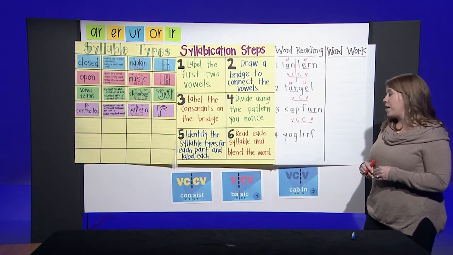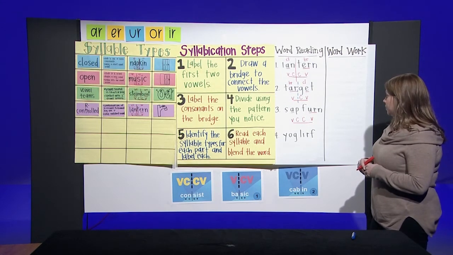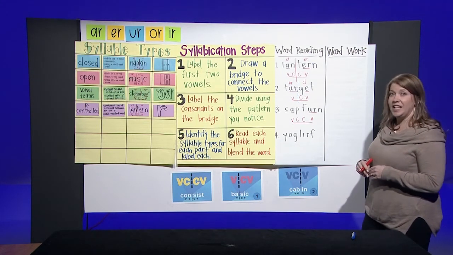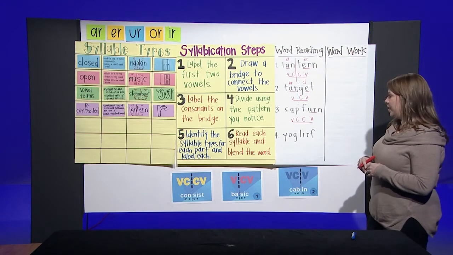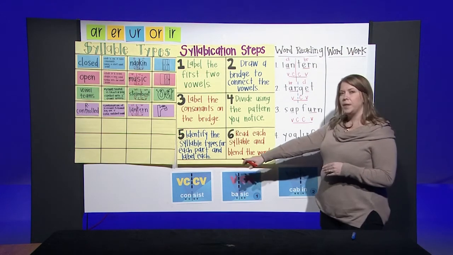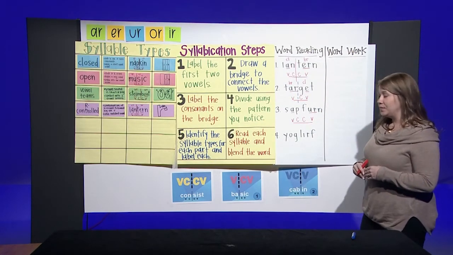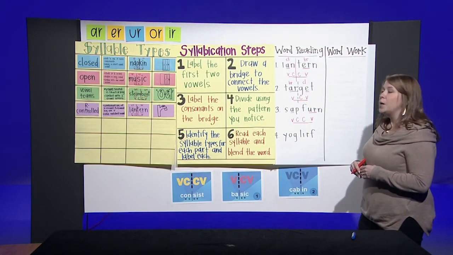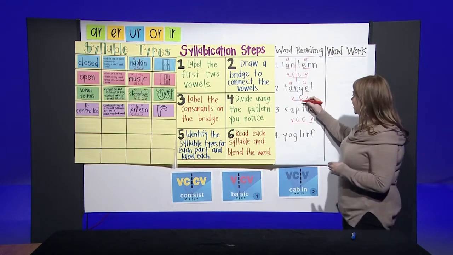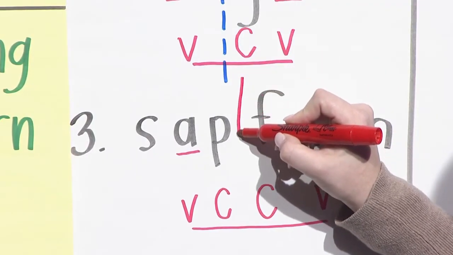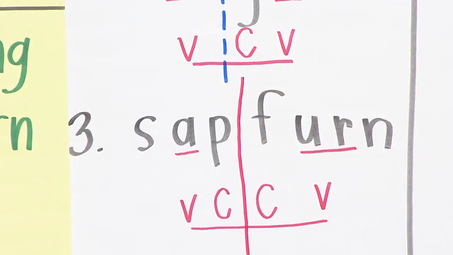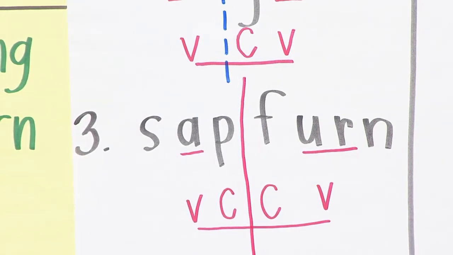What pattern do you notice? V, C, C, V. Very good. And using our chart at the bottom, where do we know we need to divide that pattern? Between the 2 consonants. So let's draw our line between consonant P and consonant F. Good job.